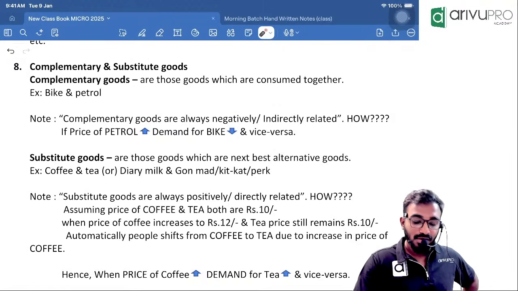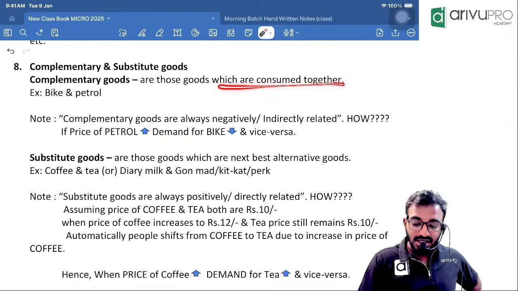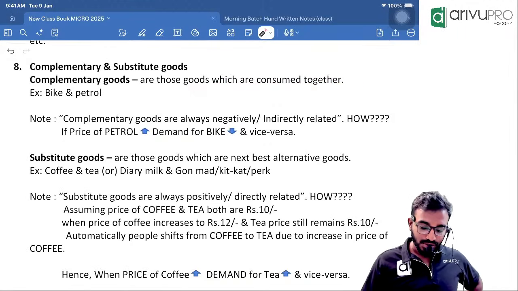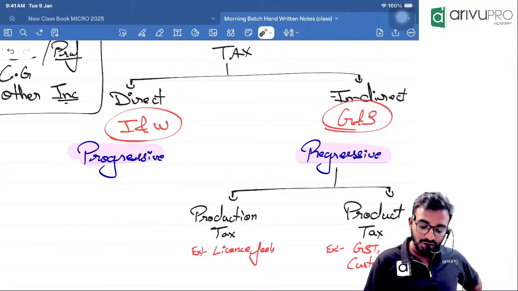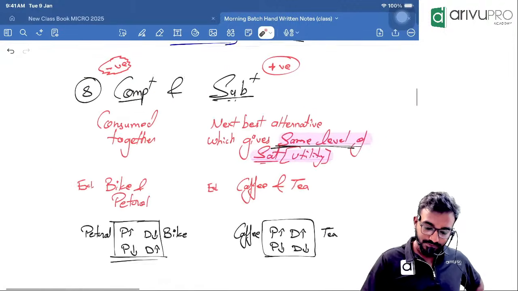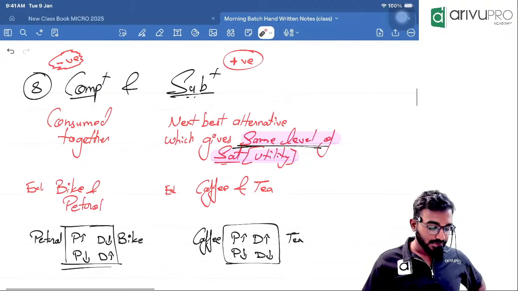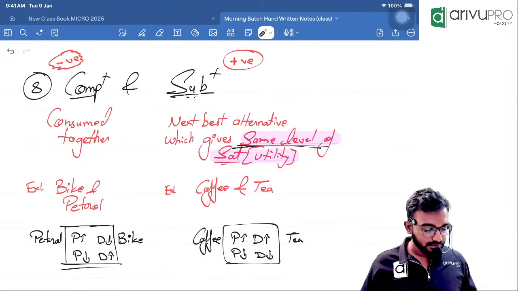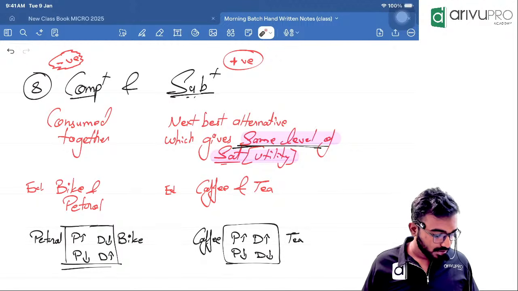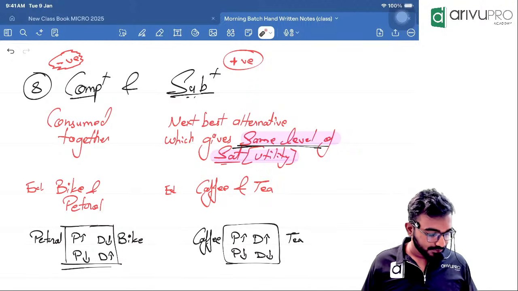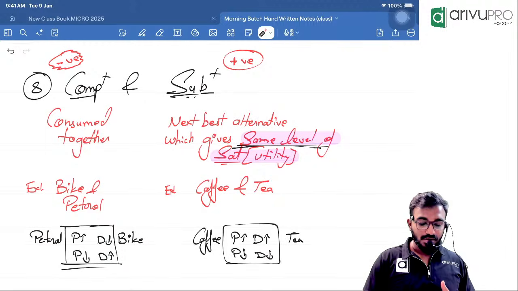Complementary, write down. Those goods which are consumed together.